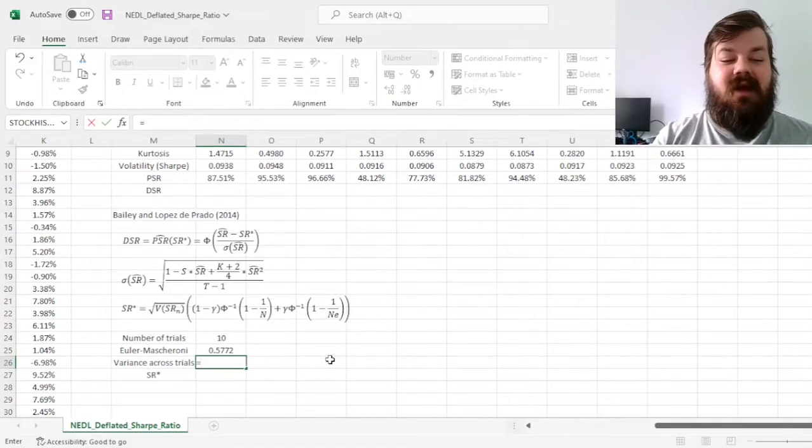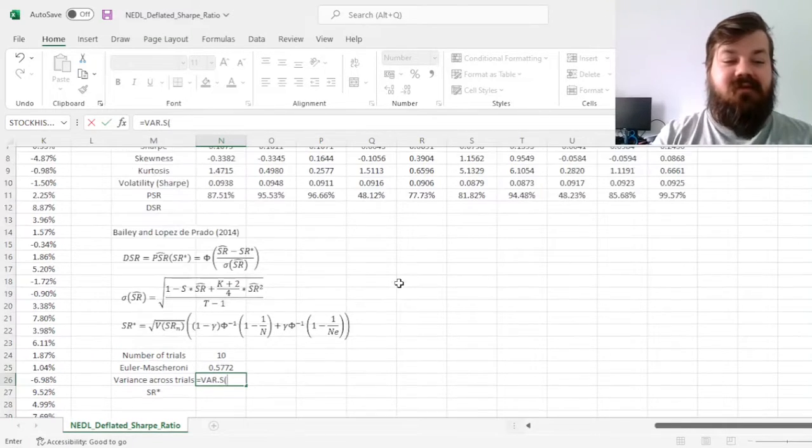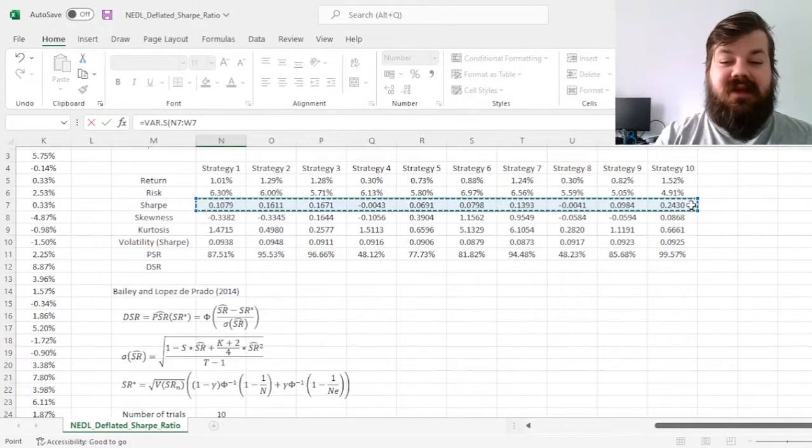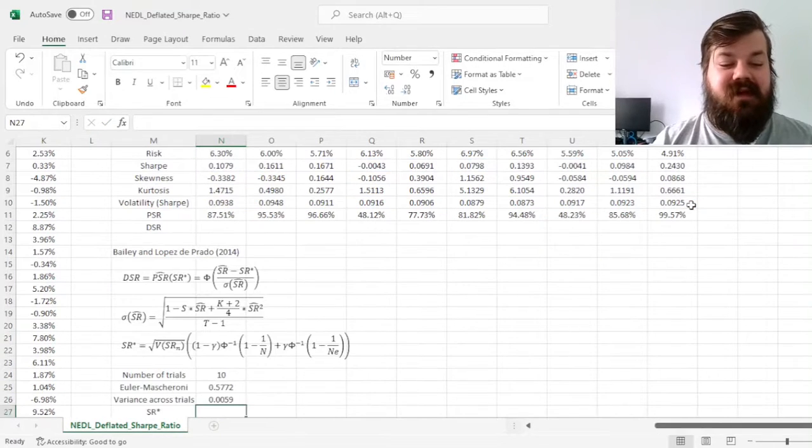And then we need our variance of the Sharpe ratio across trials. So we can use the sample variance formula and apply it to these Sharpe ratio estimators across all 10 strategies.